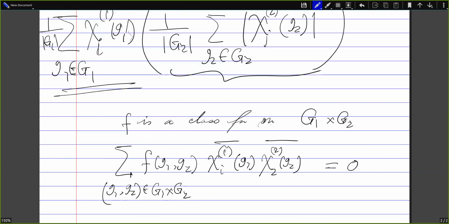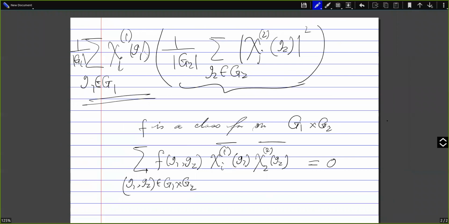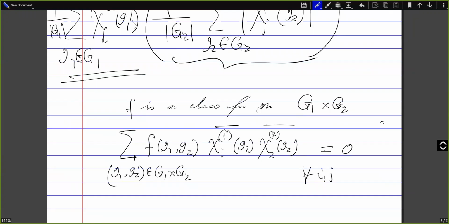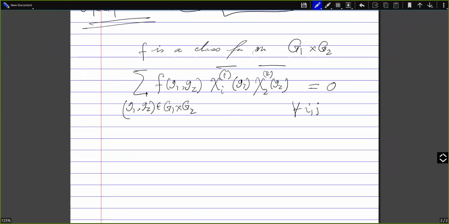That's what my assumption is. From here I will show f is also 0. And this assumption is for all i and j. Good enough. So what we will do is first fix an i.